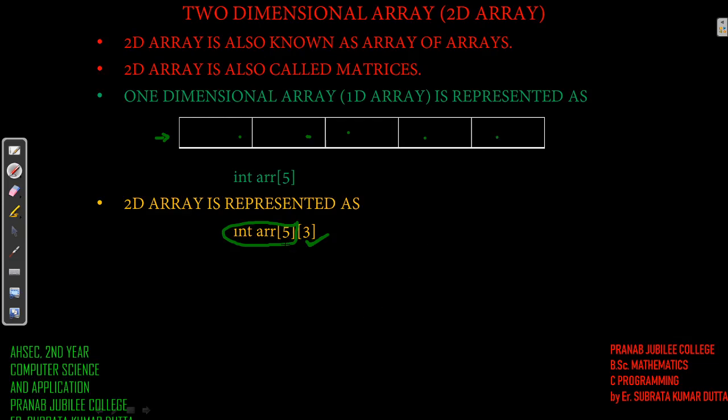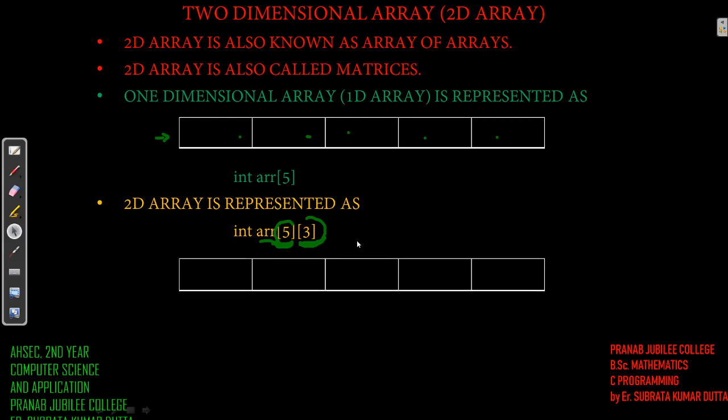In a two dimensional array, it means there will be an array where 5 elements can be contained, and there will be 3 such arrays. So there will be 3 arrays with 5 elements per array. Let's see how we represent it.